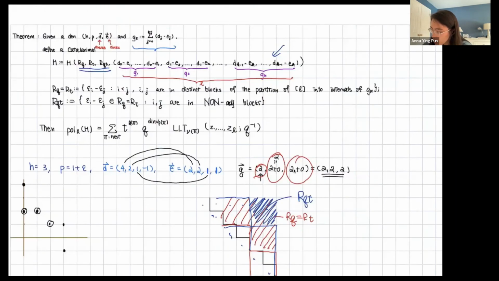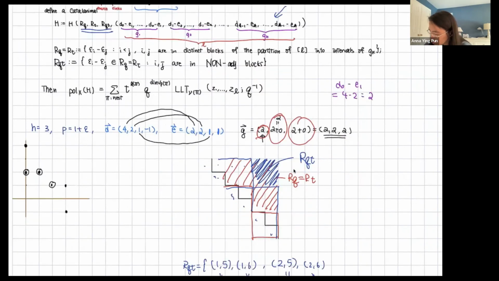So D0 minus E1 is 4 minus 2, which is 2. So you have 2 2's, because I want that many of them. And then D1 minus E2 is 2 minus 1, because we start with 0, so that's 1.